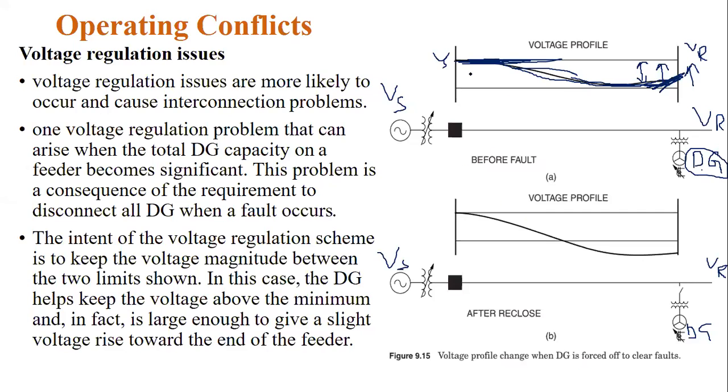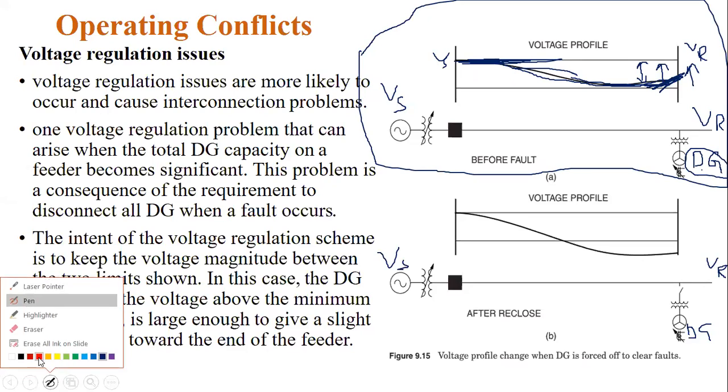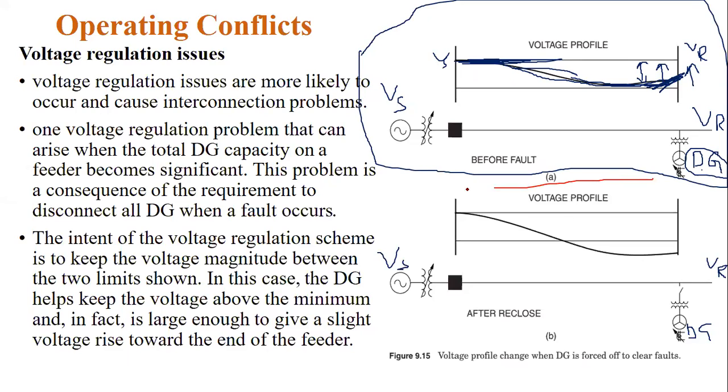This is under normal working condition, and this is the fault case. Suppose there is some external fault or internal fault, whatever it may be, and suddenly you remove this DG from this line.